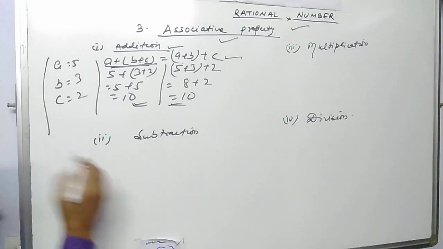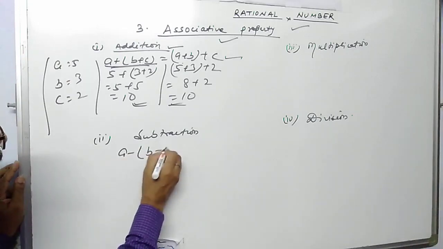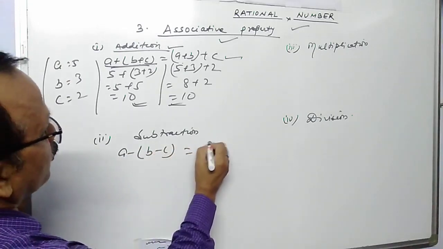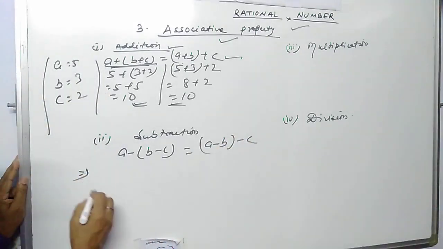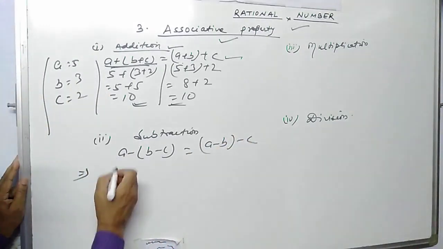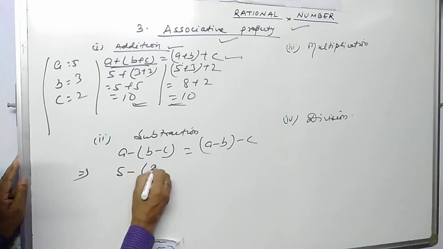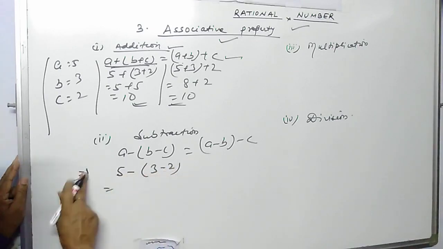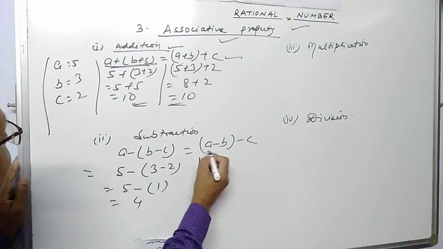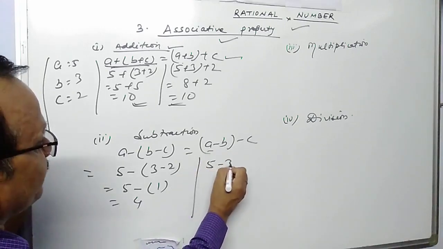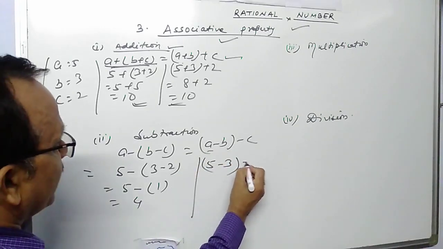Now check it for subtraction, whether it is true or not. Same example we are taking here also. Suppose a minus (b minus c) is compared with (a minus b) minus c. Let us check it. LHS, how much will it be? a is 5, b is 3 minus c is 2. How much will it be then? This will be 5 minus (3 minus 2), that is 5 minus 1, which is 4. Let us see here. a is equal to 5 minus b, that is (5 minus 3) minus 2.